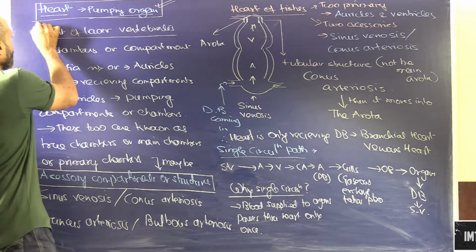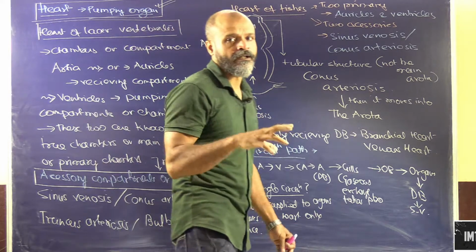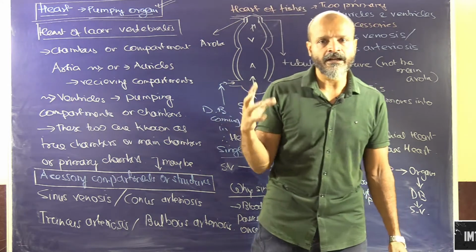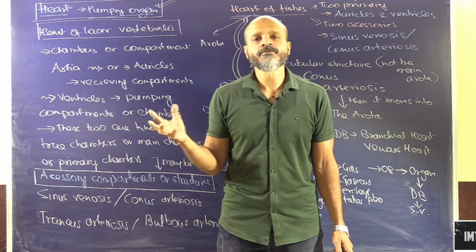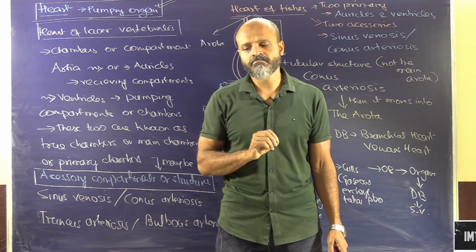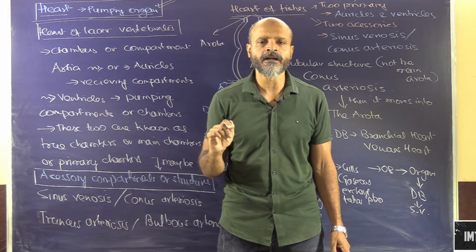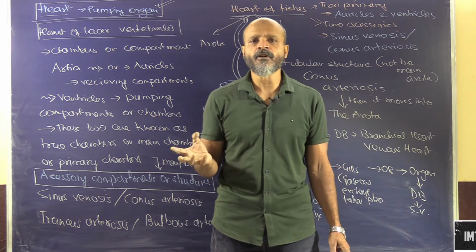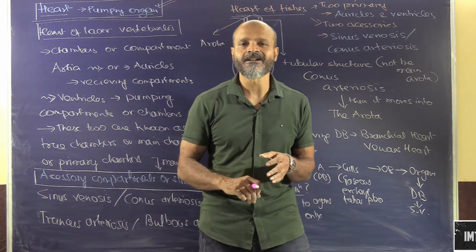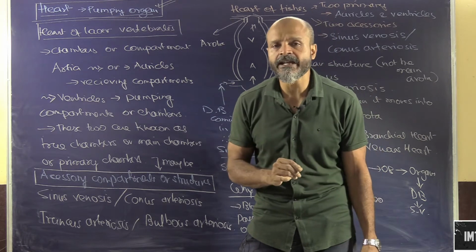Whenever we try to understand an organ, we will study the hearts of some other organisms as well. Primarily our study is on the human heart, but a little bit of knowledge of other organisms is also required, because for any organ we need to understand the evolutionary aspect of it.